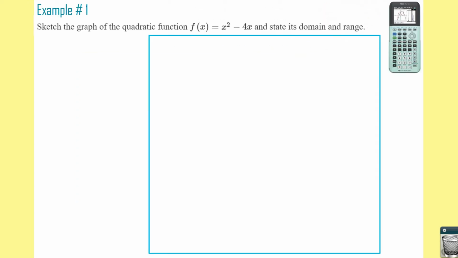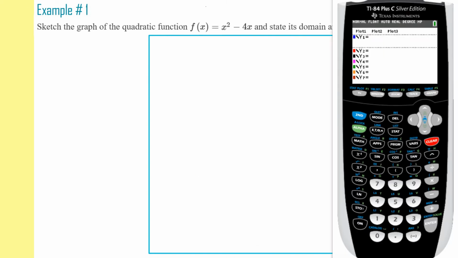So for the first example, we want to sketch it, so we get out our calculator. Then we're going to plug in x squared minus 4x, then hit graph. Let's find our x-intercepts. That would be the first thing I'd want to find, so we do second trace and find the zeros, number 2.